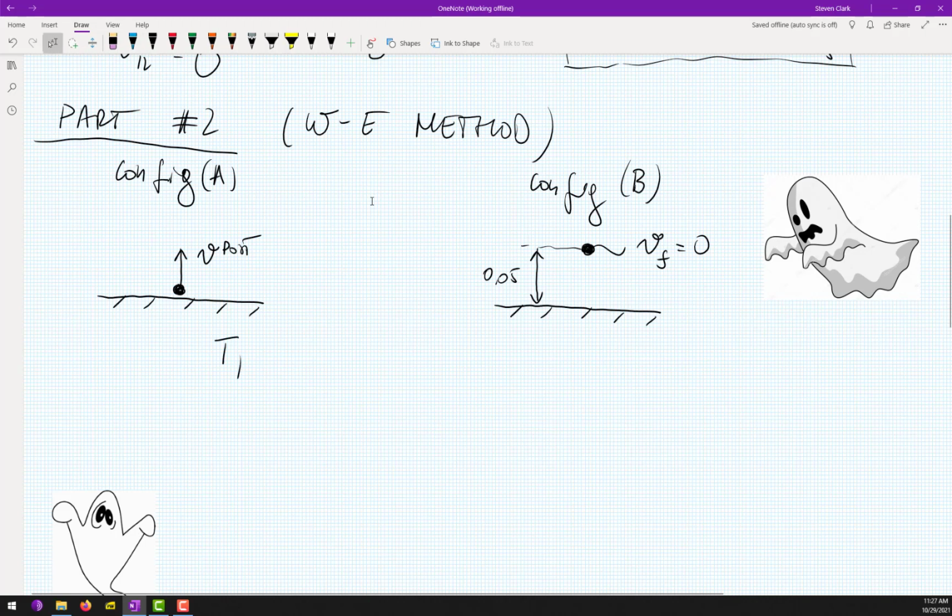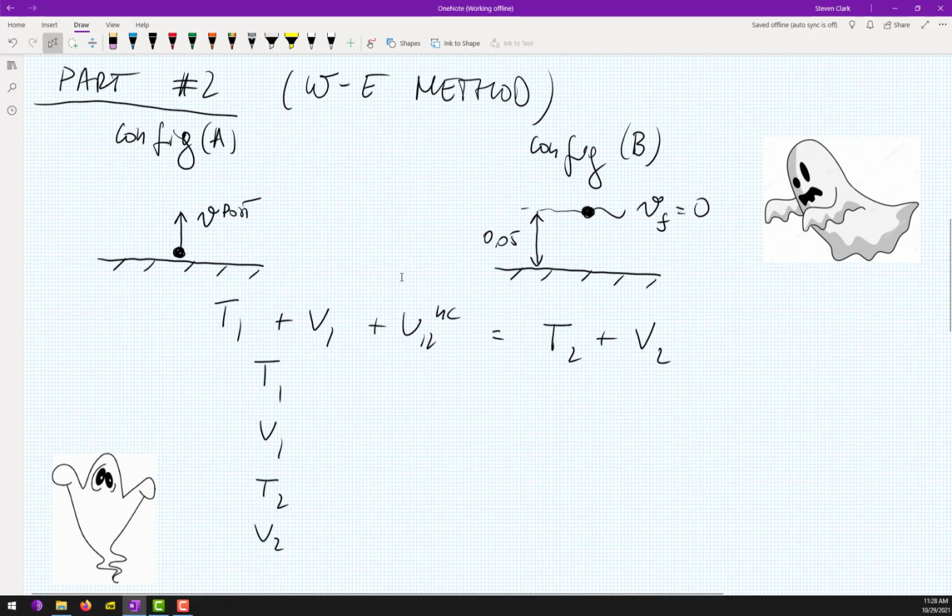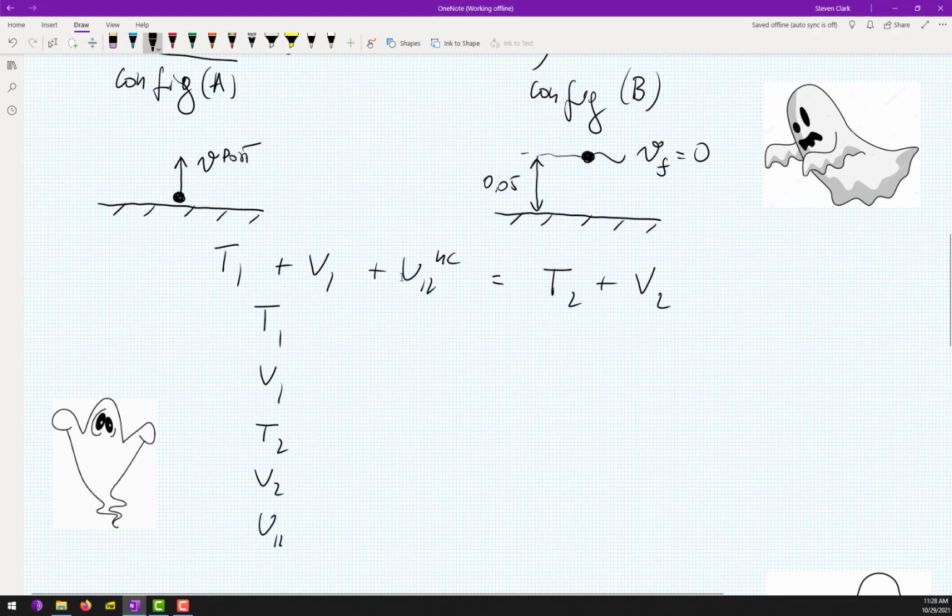Okay, so again, T1 plus V1 plus U12 non-conservative is equal to T2 plus V2. And again, find these 5 guys: T1, V1, T2, V2, U12 non-conservative. So we start with some velocity.